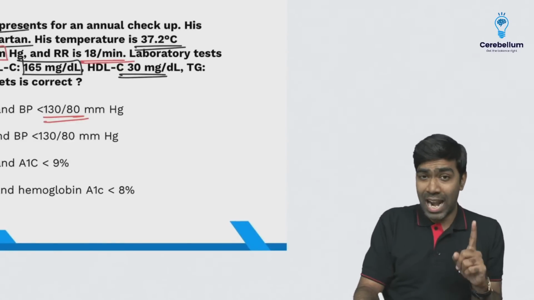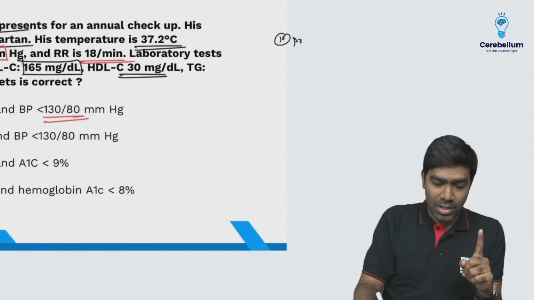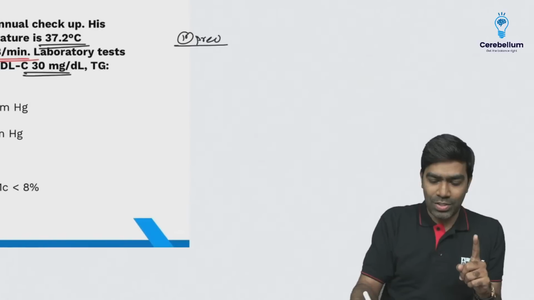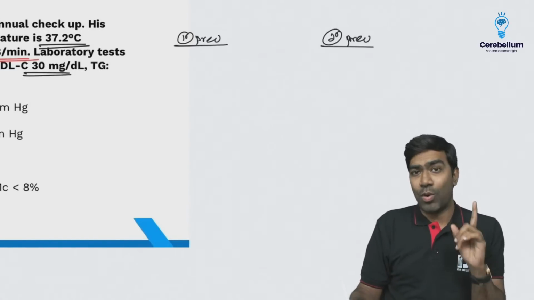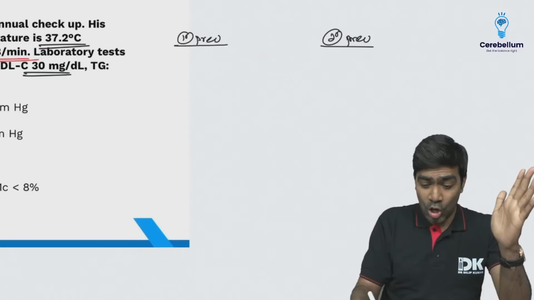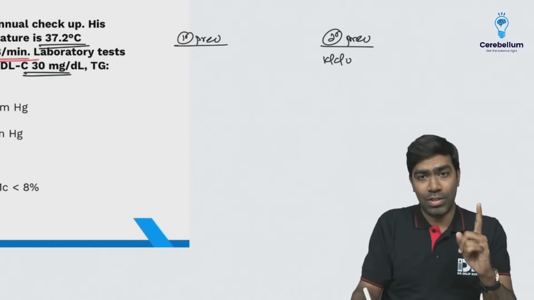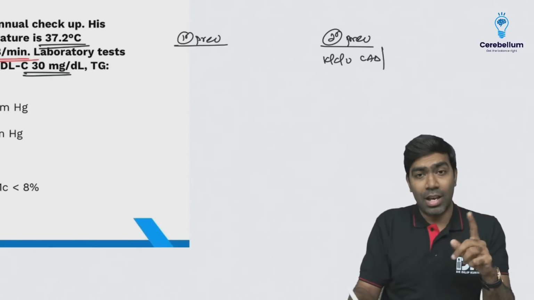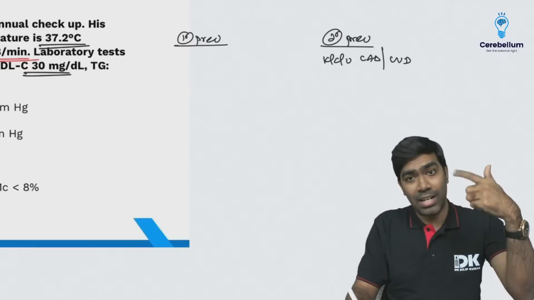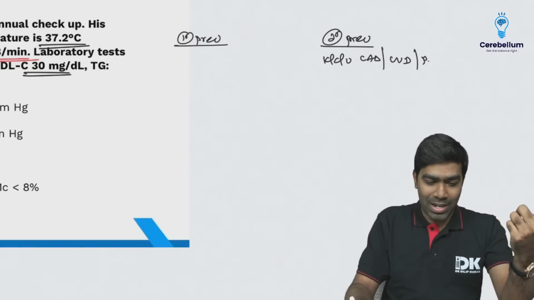So remember, you can use statins for the sake of primary prevention and you can use statins for the sake of secondary prevention. What do you mean by secondary prevention? Which means the patient is already a known case of coronary artery disease or a cerebrovascular disease like TIA and stroke, or peripheral arterial disease.